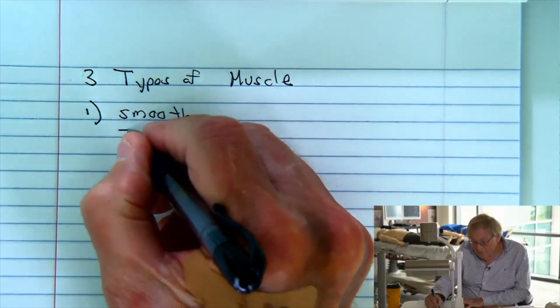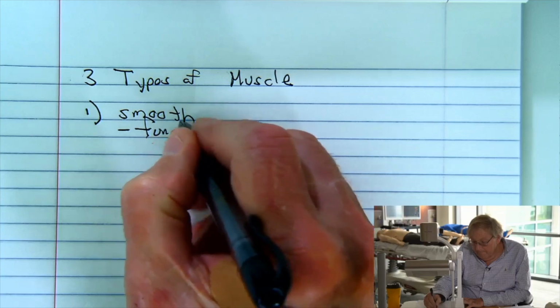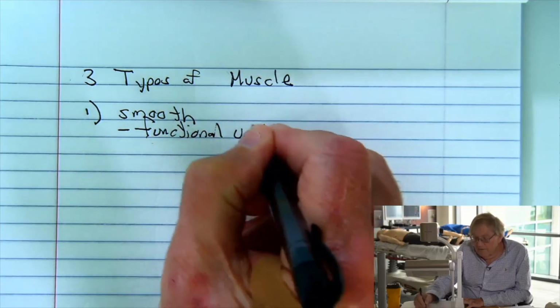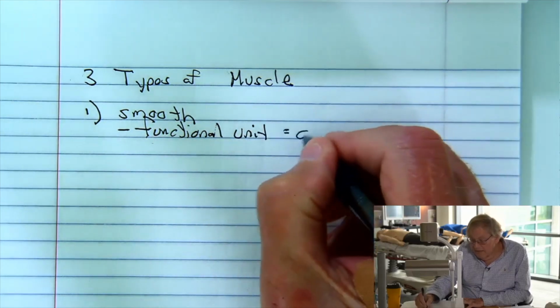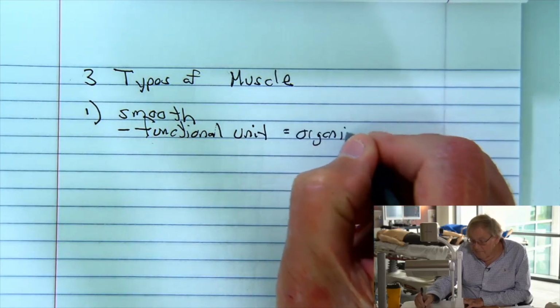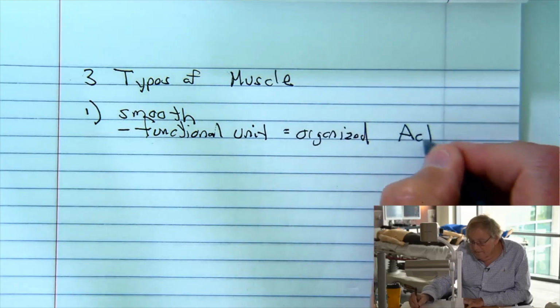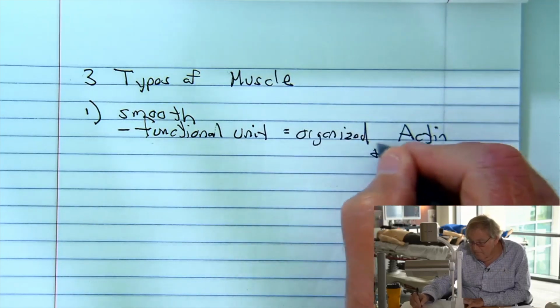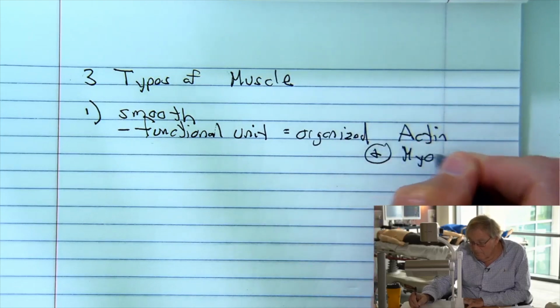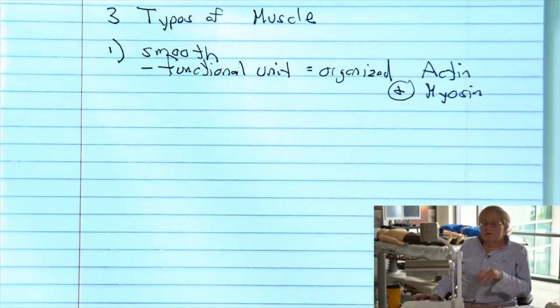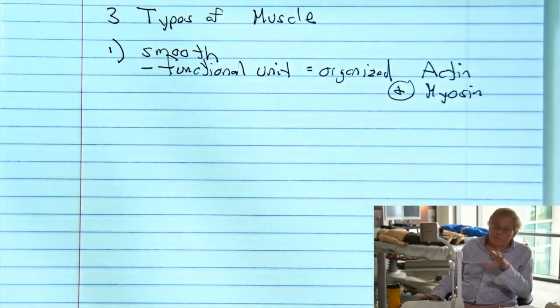So the functional unit of smooth muscle is going to be the organization of actin and myosin. Those two protein myofilaments, the organization of them, will be the functional unit of smooth muscle.